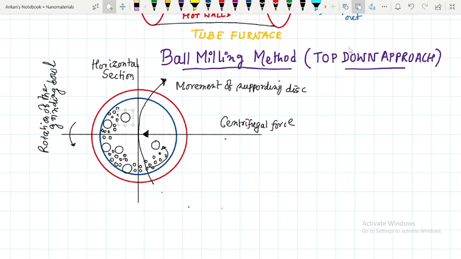Let me focus on this. This is the bulk material. It gets rotated inside the ball mill, and after grinding it gets some smaller components.